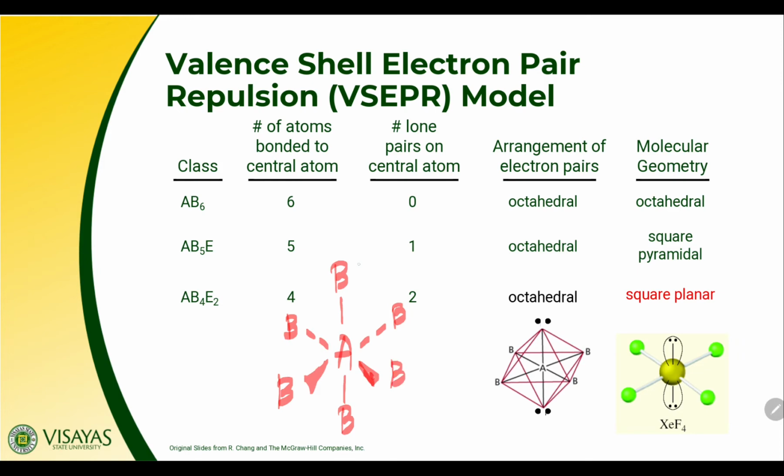Again, we either remove the top and replace this with a lone pair, or the bottom and replace this with a lone pair. Now when we have AB4E2, both of these atoms at the top and at the bottom will now be replaced with a lone pair. So only the atoms in the base part of our pyramid will be left.